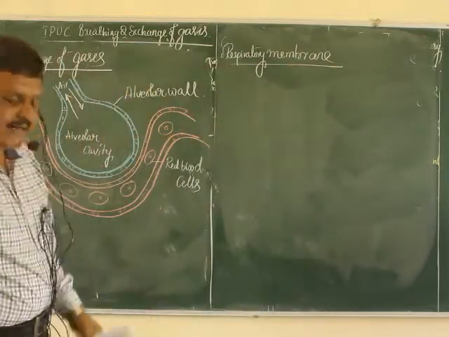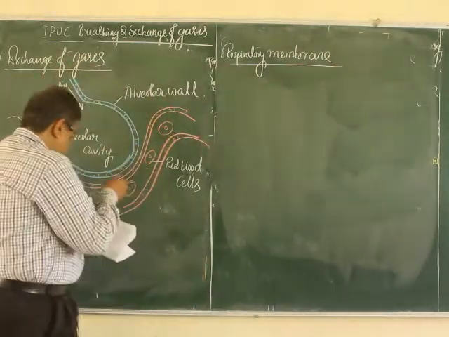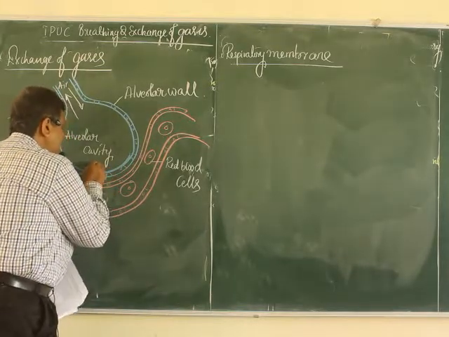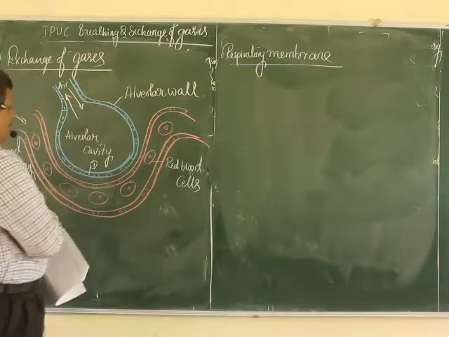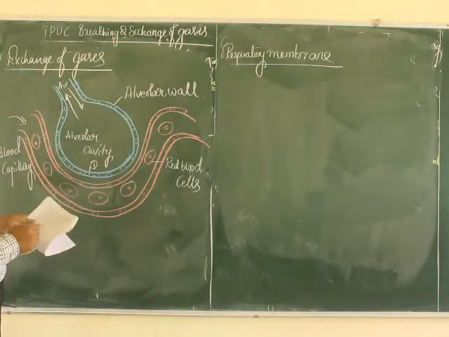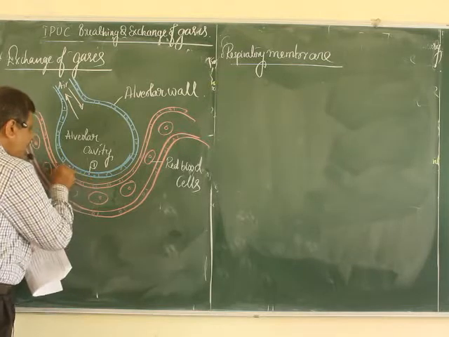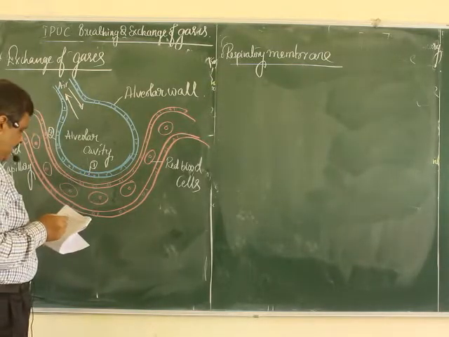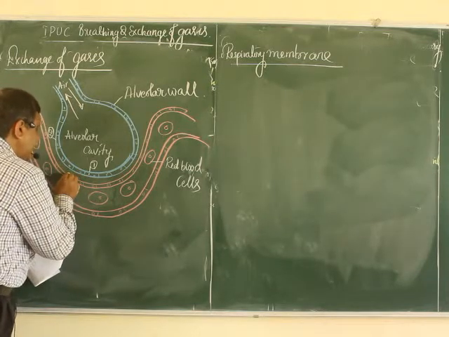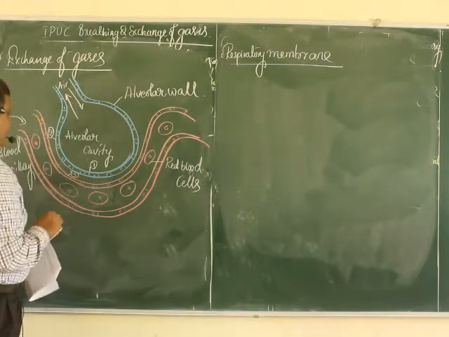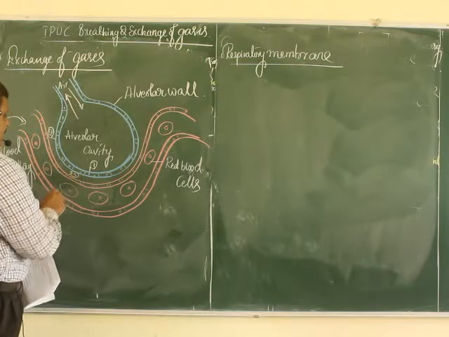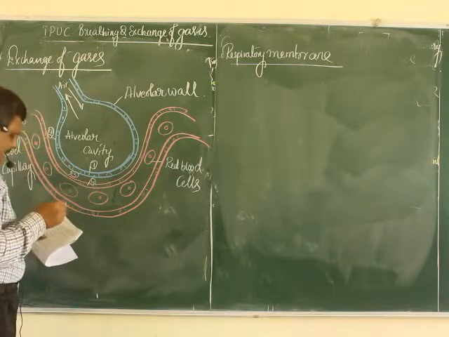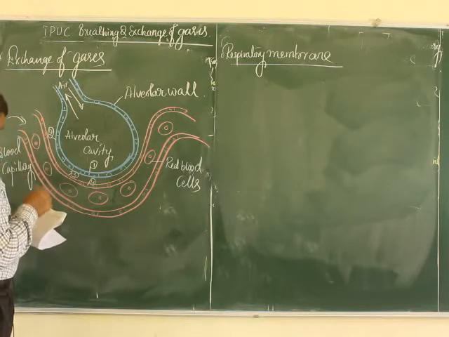Look here, the squamous epithelium of the alveoli, this is the first layer. I hope it is clear to you. Then the endothelium, outer membrane of the alveoli, second layer. Then this is the third layer, endothelium of the blood capillary. And fourth, the basement membrane between them.